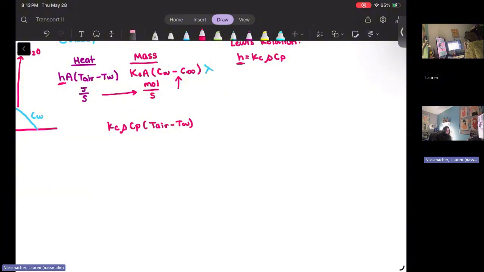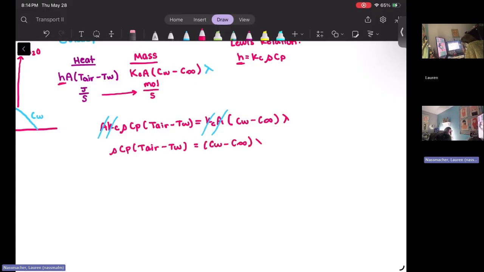Because we have the variable we want, right? We have the mass transfer coefficient. So we have our mass transfer coefficient, our area. Oh, we forgot the area here. It's okay, we're going to cancel that out in a second anyways. And our lambda. So let's cancel out our area and our mass transfer coefficient. And what we're left with is our density, heat capacity, difference in temperatures, as well as our difference in concentrations, and our lambda, which is our enthalpy of vaporization.